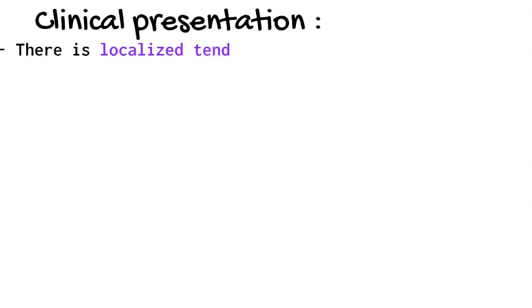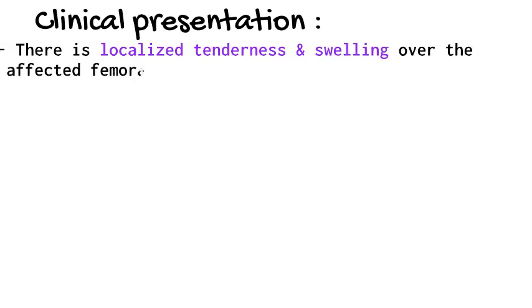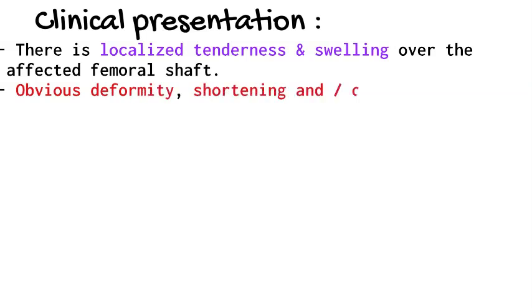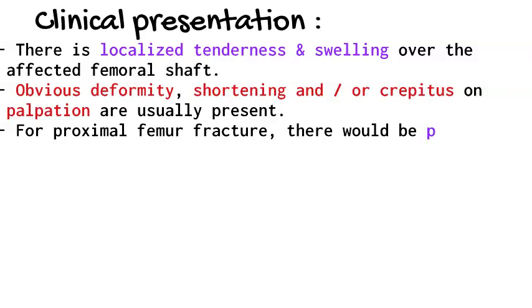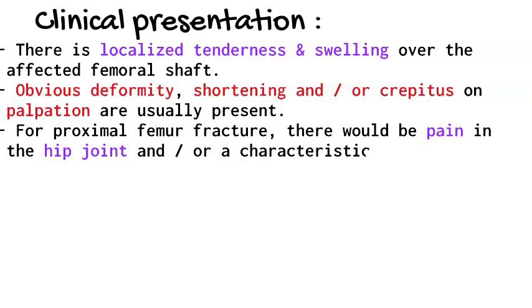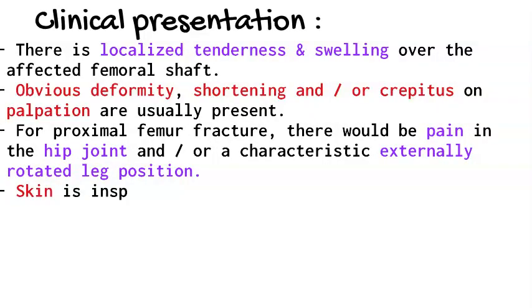Regarding clinical presentation, there is localized tenderness and swelling over the affected femoral shaft. Obvious deformity, shortening, and/or crepitus on palpation are usually present. For proximal femur fracture, there would be pain in the hip joint and/or a characteristic externally rotated leg position.